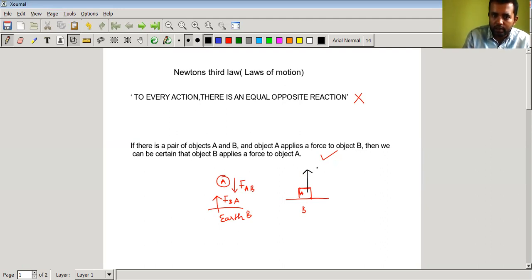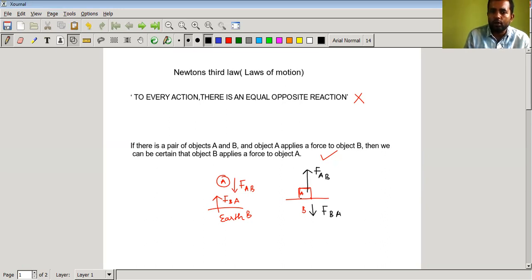Let us write the force on A due to B in this direction. Now, according to Newton's law, if B exerts this force, then A will also exert a force on B, on the table, and that will be FBA.